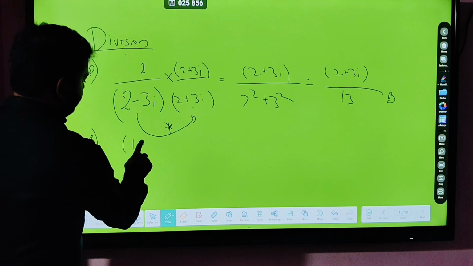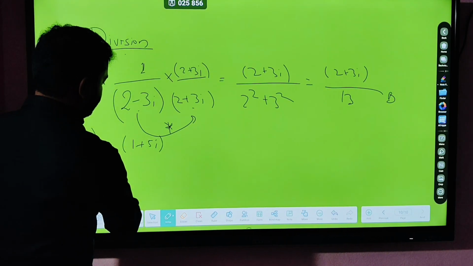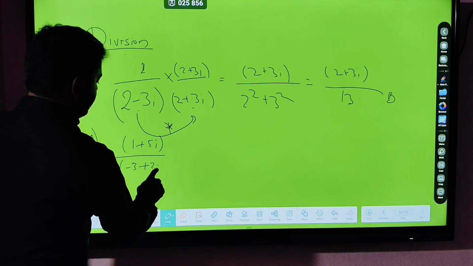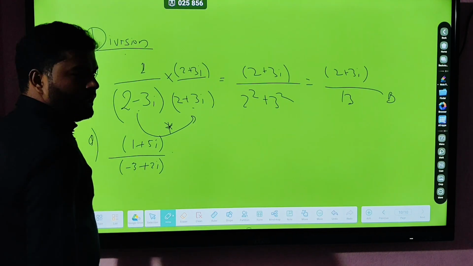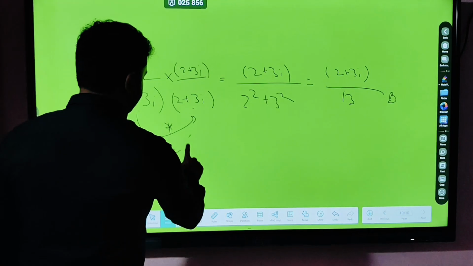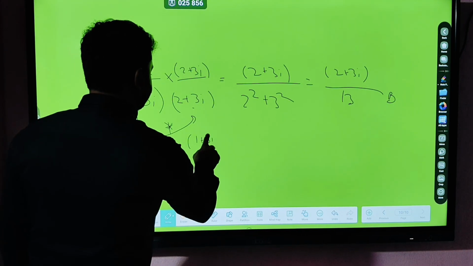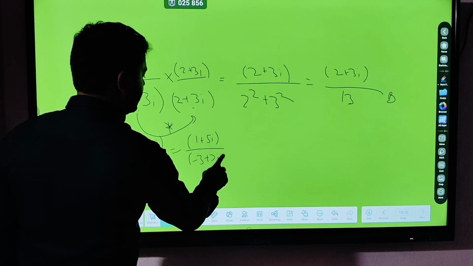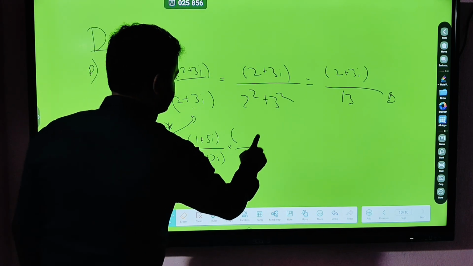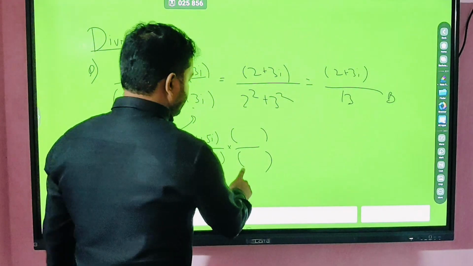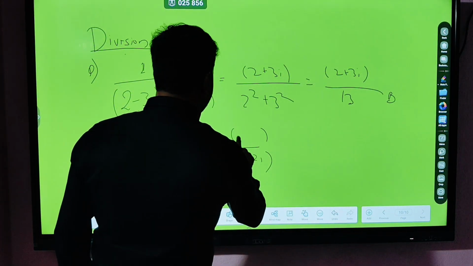Okay, so let's do another question. Let's say we have 1 plus 5 iota divided by minus 3 plus 2 iota. So this is the question. For this, what we'll do, we'll multiply and divide by the conjugate of the denominator, right? So our denominator is minus 3 plus 2 iota. So its conjugate is going to be minus 3 minus 2 iota.